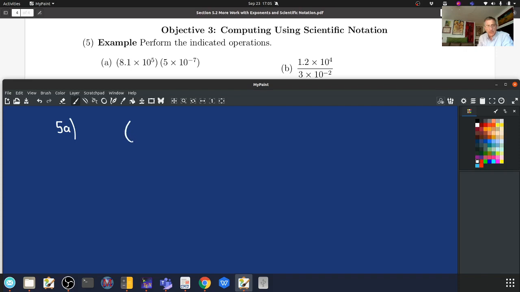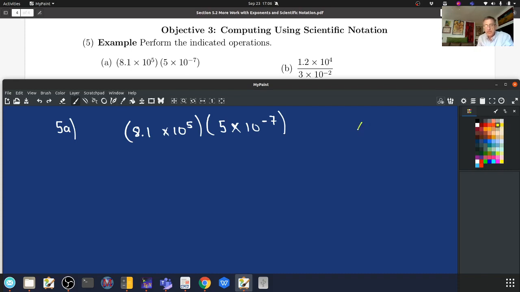So the first number is 8.1 times 10 to the 5th. And this is 5 times 10 to the minus 7. And for reasons having to do with the engineers and the scientists, we use the symbol of x to mean times. But let's look at it this way. Suppose this was, let me make this a little bit bigger.